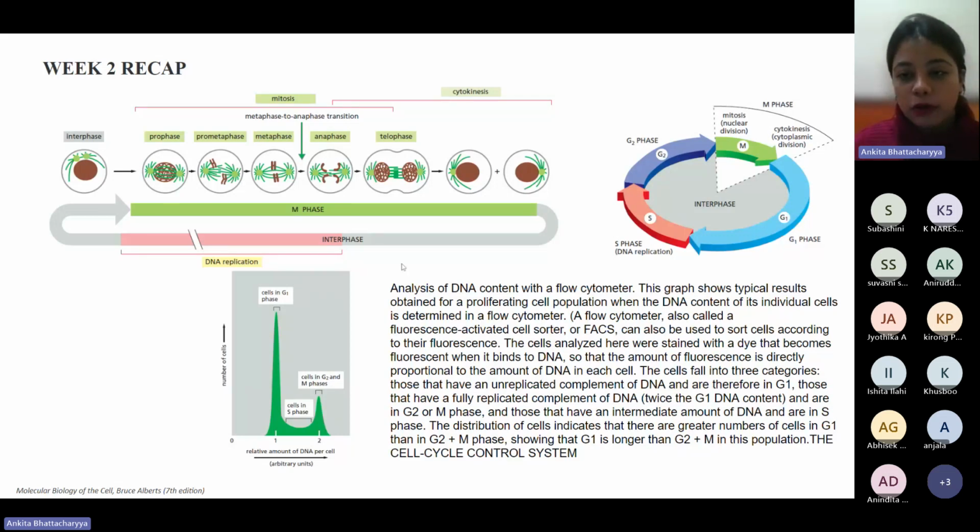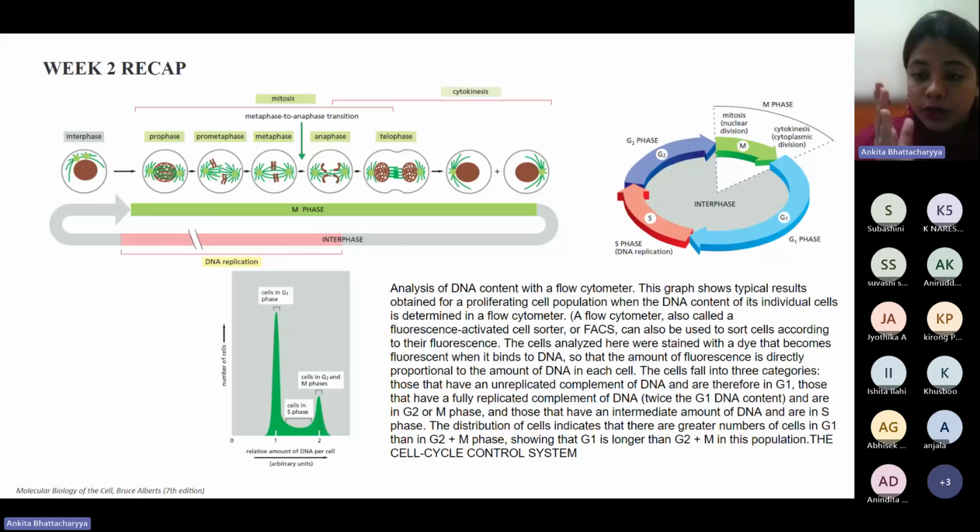Interphase, as the name obviously represents, is something that is in between one division phase and the next division phase. So this is the representation of the M phase, which has been shown in detail, and the remaining part you can see as interphase, which also partially includes DNA replication, or the S phase.